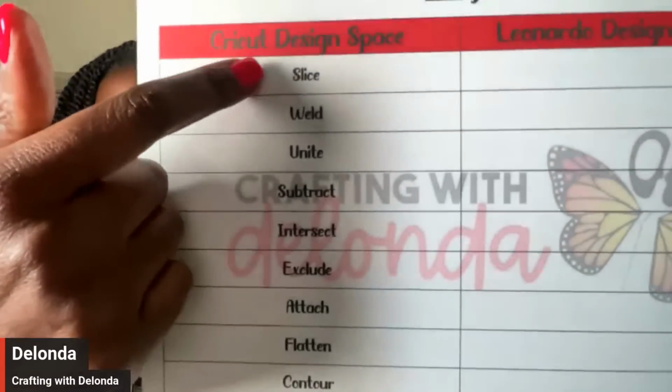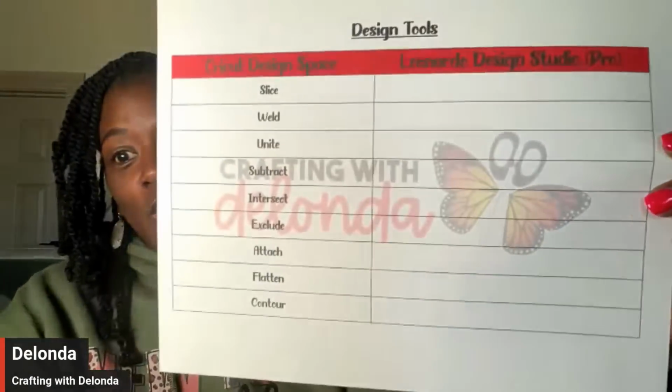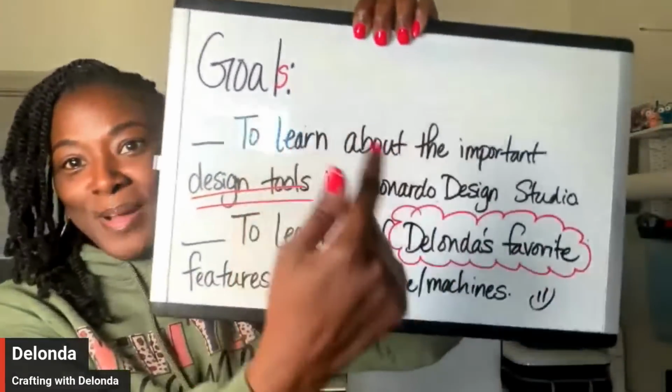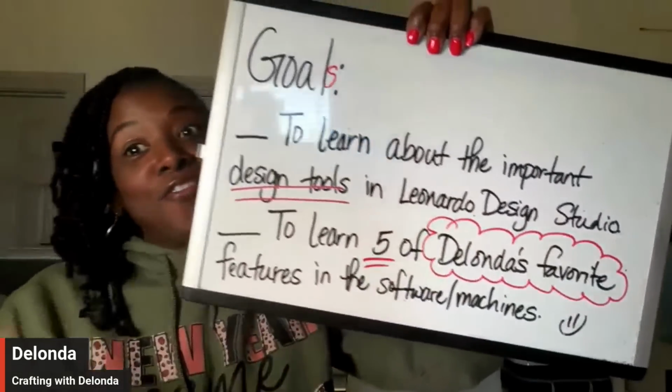These are tools in Cricut Design Space, and these are the ones we're going to learn about today. In addition to that, we'll learn about the important design tools in Leonardo Design Studio. We're also going to learn 5 of my favorite features in the software and in the machines.